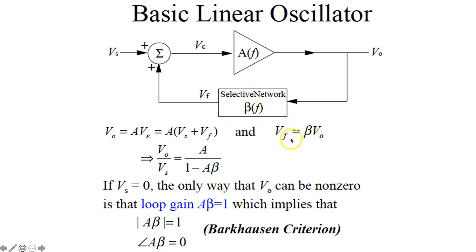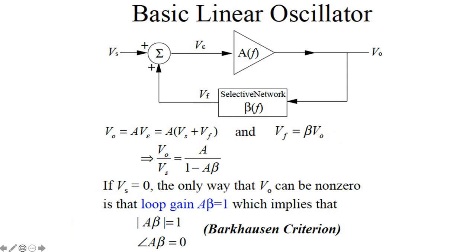Now the next step is to put the value of beta V0 in this first equation. When you open up the bracket, you will have A Vs plus A beta V0.